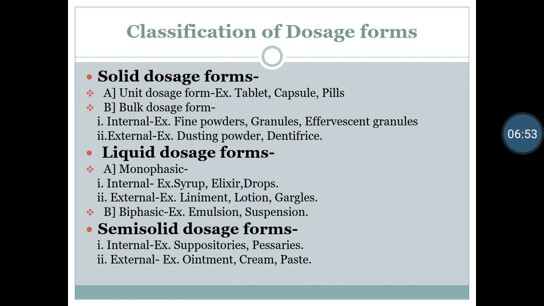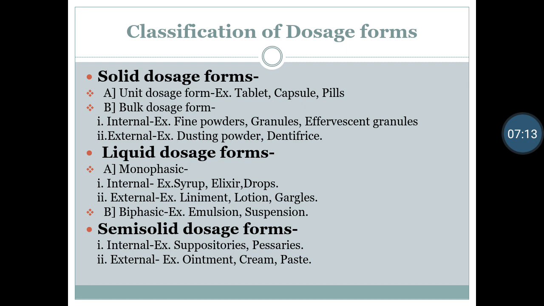The second class is liquid dosage forms. Liquid dosage forms are of 2 types: monophasic liquids and biphasic liquids. Monophasic liquids can be taken internally or can be applied externally to the surface of the skin.